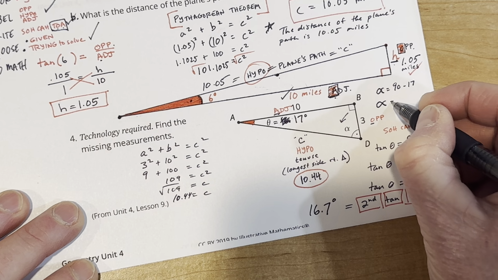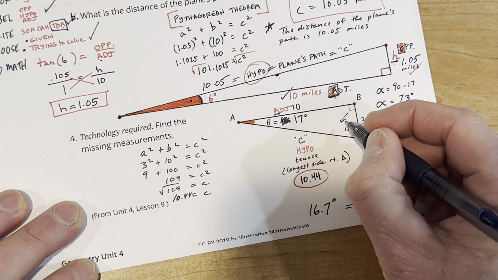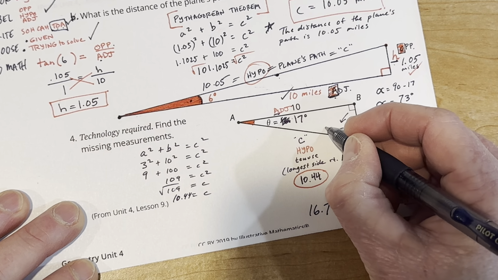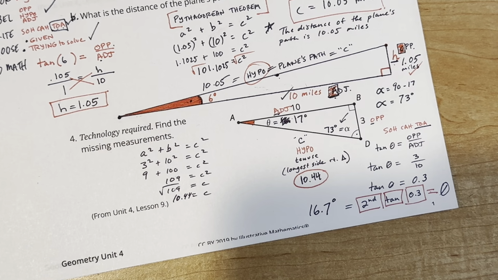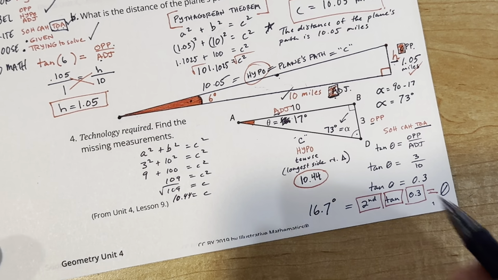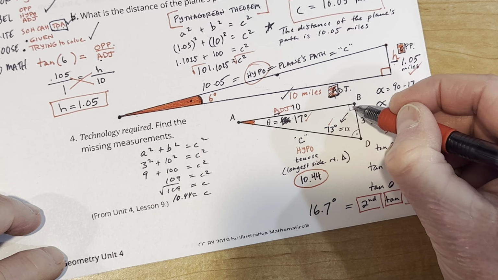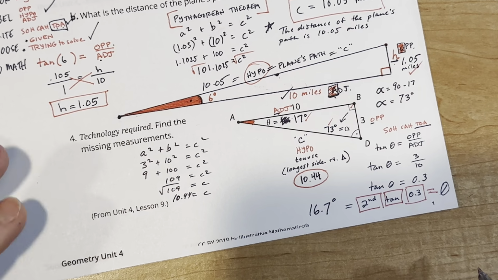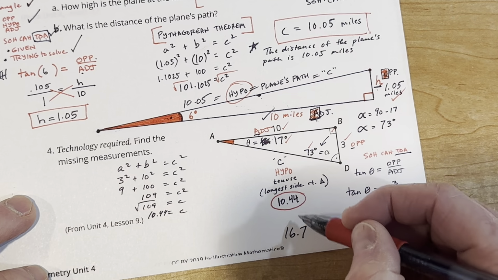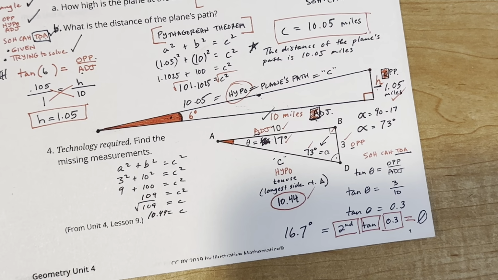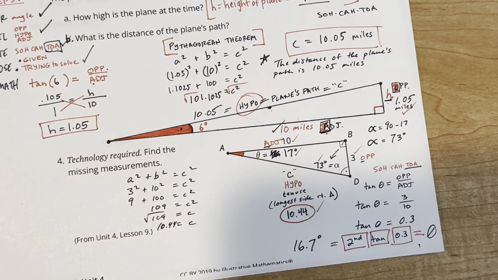Practice drawing it. It kind of looks like a fish. Equals 73 degrees. Got them all. Got 1, 2, 3 angles. We got 1, 2, 3 sides. Whoa, that was a lot of work. Good job.